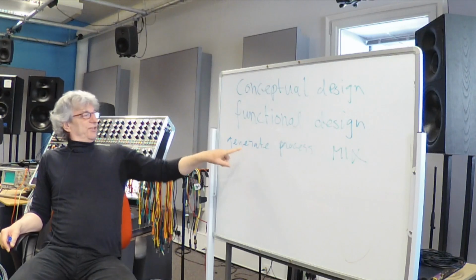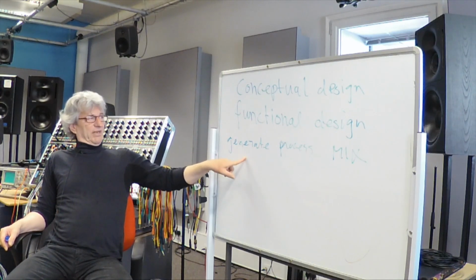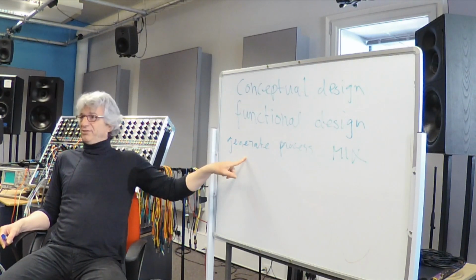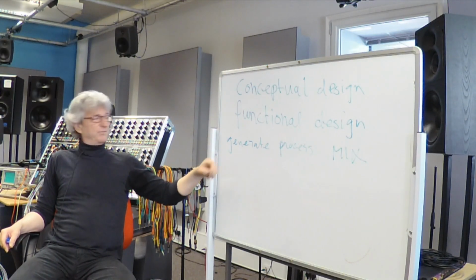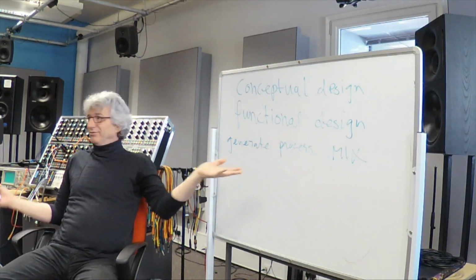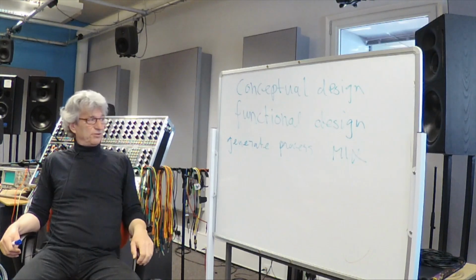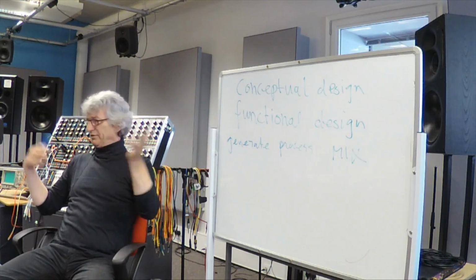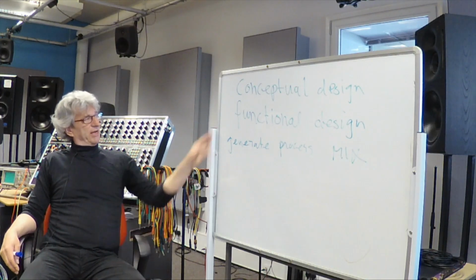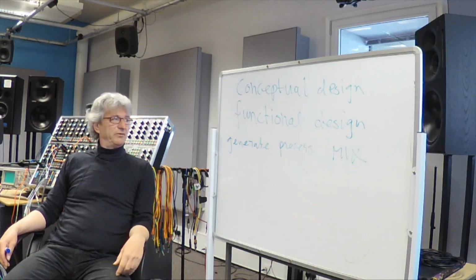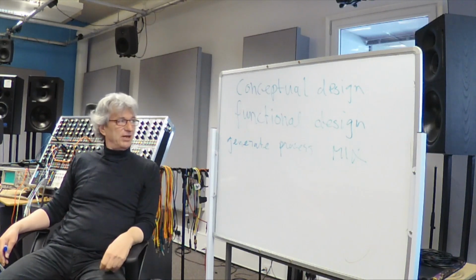Of course, if you want to generate sounds, then there's several ways to go about it. So you might have different kinds of generators. If you want to process sound, there's different kinds of processors. And if you want to mix, there's different ways of mixing sounds. And that is basically what you would like to find back in your functional design.